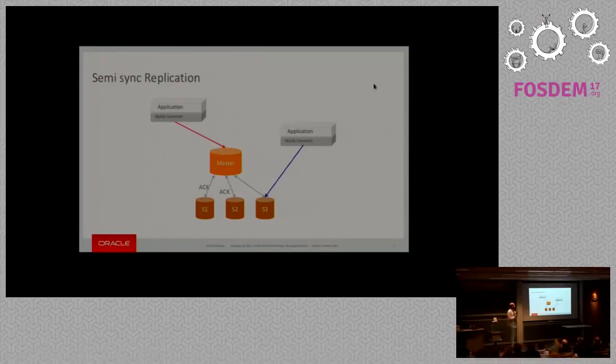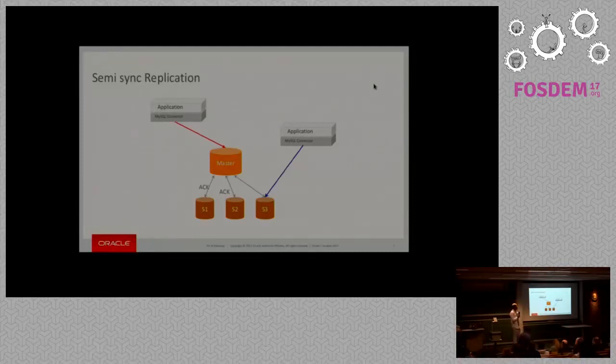And then on 5.5, semi-synchronous replication was introduced. So basically, it's the same setup. You write to the master, you read from the slaves. The difference is that when you write to the master, you can wait for the slaves to acknowledge.